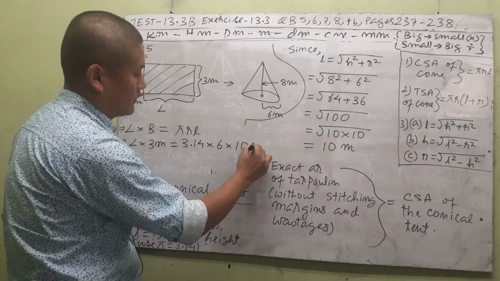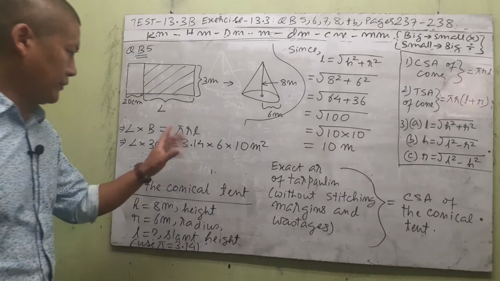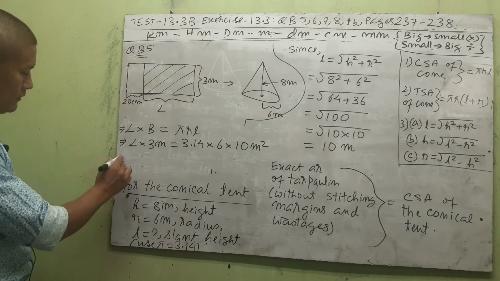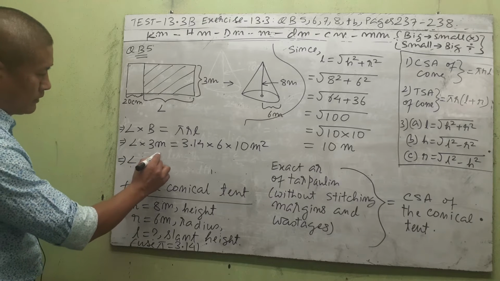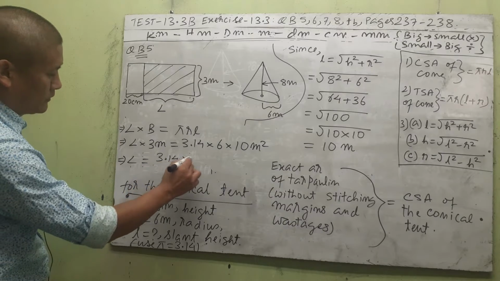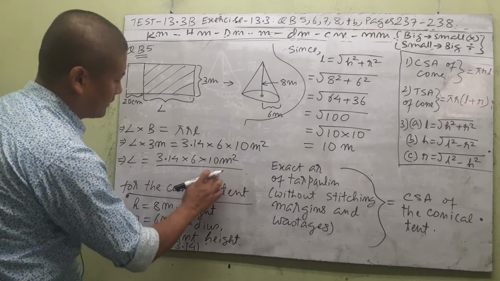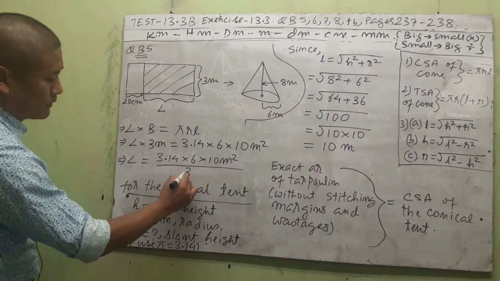Meter into meter, meter square, because area is meter square. So next, L will be equal to 3.14 into 6 into 10 meters squared divided by, if you shift this 3, it will come down here, 3 meter.